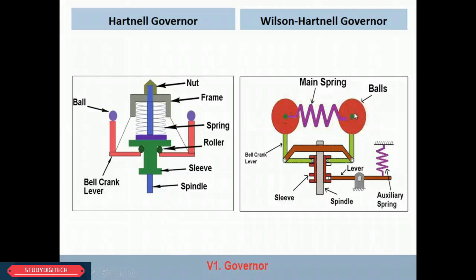This means that the mainspring always exerts an inward force on both of these balls. It also has one more spring which is called the auxiliary spring. This auxiliary spring is connected to the sleeve through a pivoted leaf. So this is the Wilson-Hartnell governor.